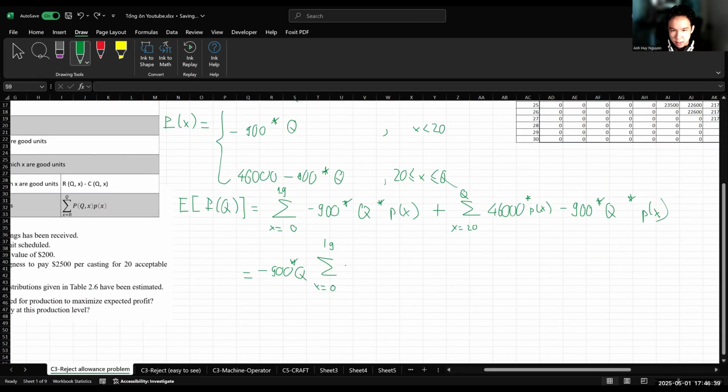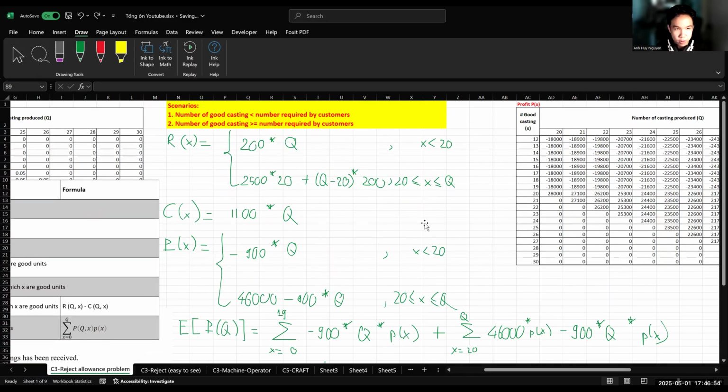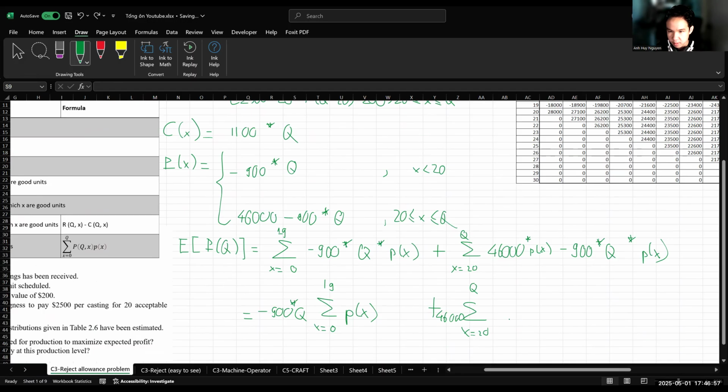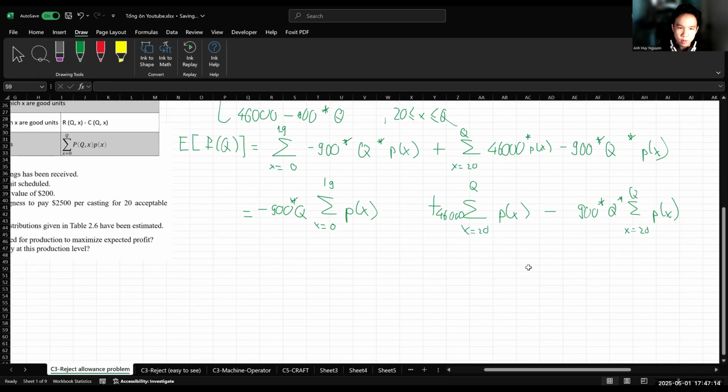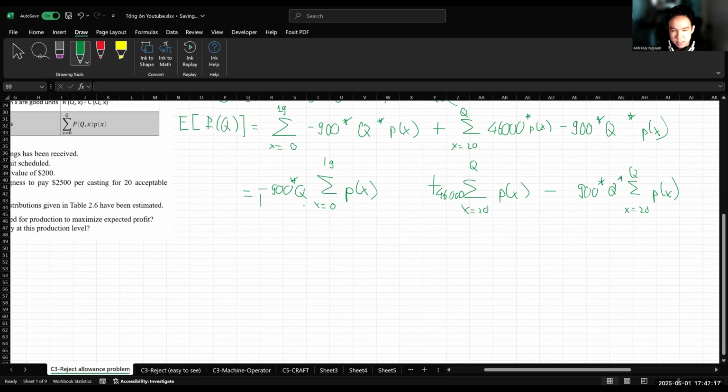Oh, by the way, you can split this summation. Again, 46,000 here is a constant too, so you can pull it out of the summation, leaving the sum of p(x) minus 900Q times the sum of 20 to Q p(x).